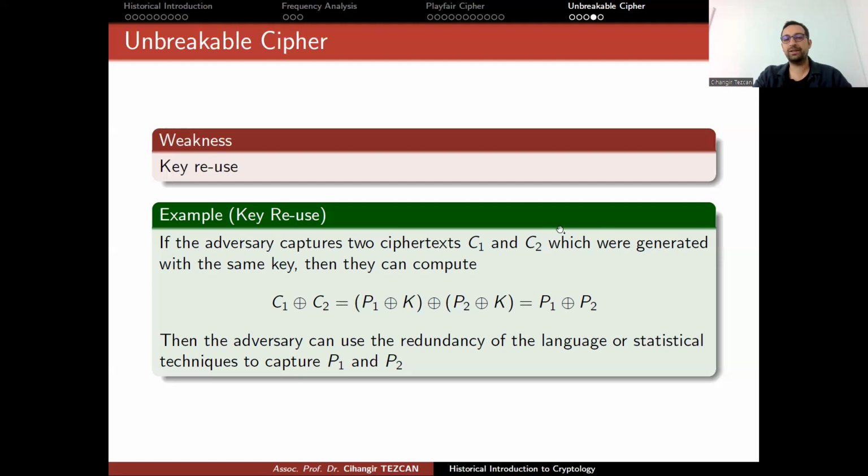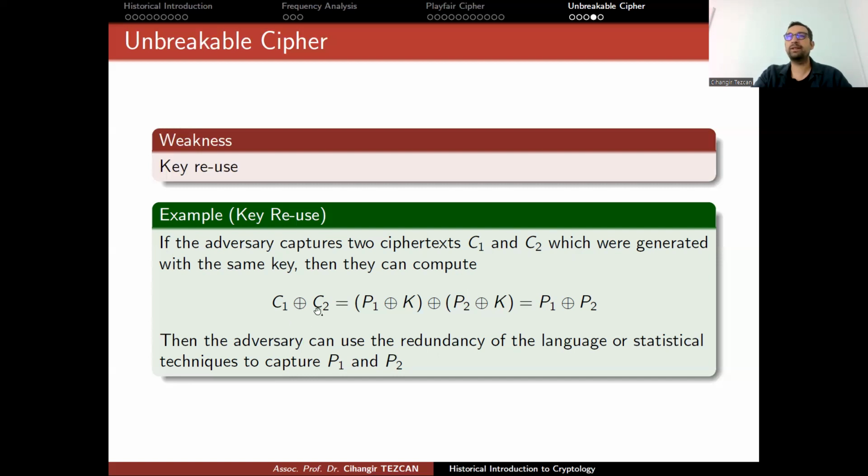So assume that the adversary captured 2 ciphertexts, C1 and C2. And now they may think that maybe they used the same one-time pad. Okay. What the adversary does is as follows. They XOR C1 and C2. But if the person who encrypted them really used the same one-time pad, in this notation, it is K. So they XOR the first plain text with K to obtain C1, and they XOR the second plain text with the same key to obtain C2.